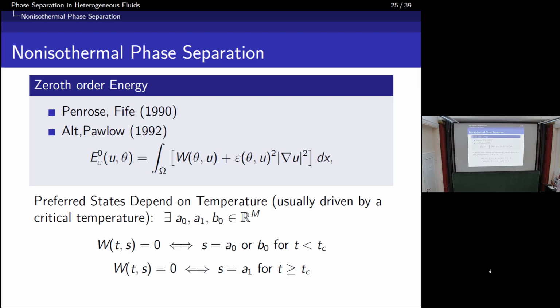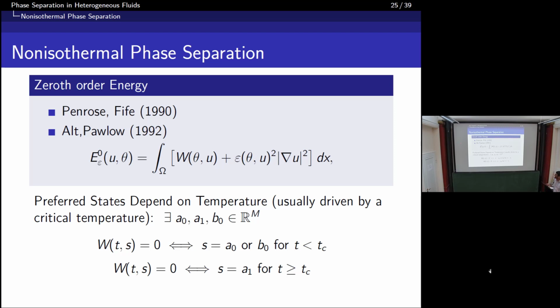from the 1990s. And basically, their main thing is that you should have this extra parameter theta, which you can think of as a temperature, and you should be studying this sort of functional, where W depends on both theta and u, and even potentially your transition layer length epsilon may also depend on theta and u.